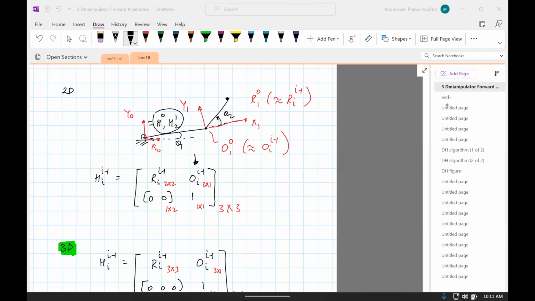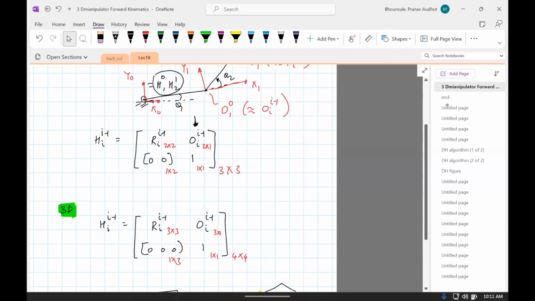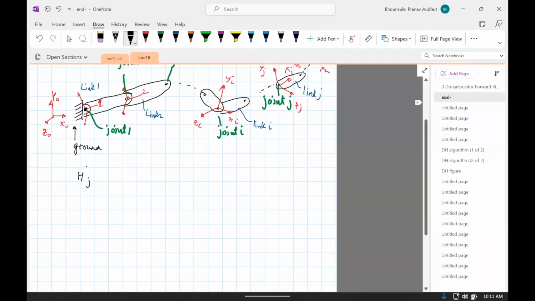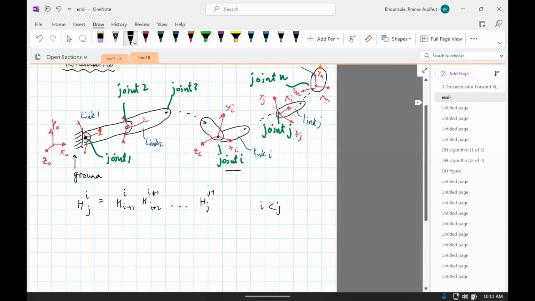There's a similar H matrix in 3D, which I wrote down. So what we can do here is concatenate these H matrices, H_(i+1)^i, H_(i+2)^(i+1), and so on till H_j^(j-1). This is only true if i is less than j. So I've shown here i is a link which comes before link j, and so on.